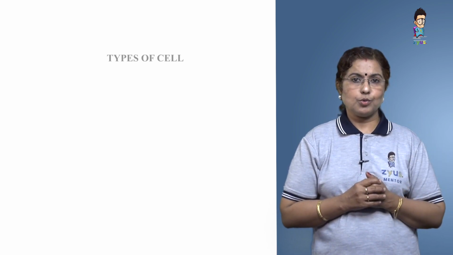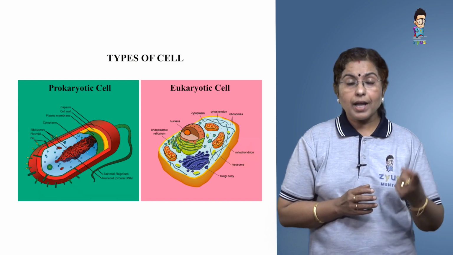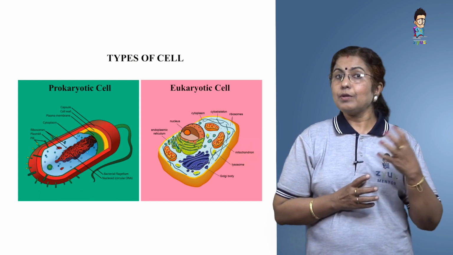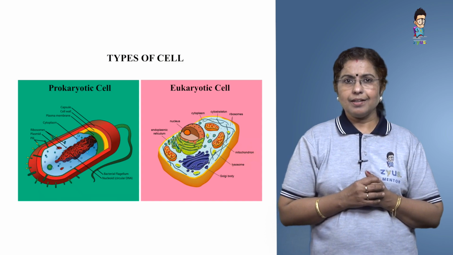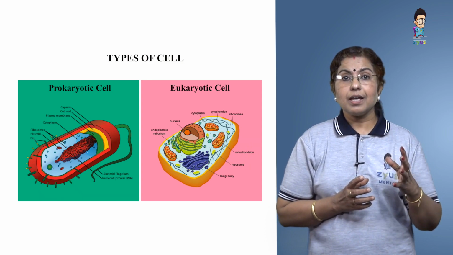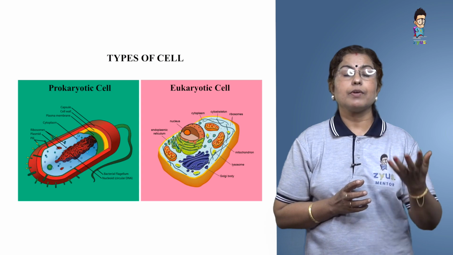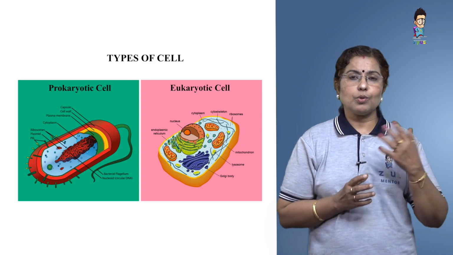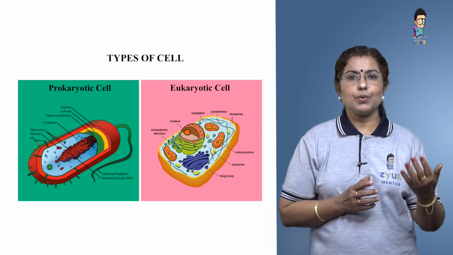Based upon the presence of nucleus in a cell, cells are of two types, prokaryotic cell and eukaryotic cell. Can you see what a prokaryotic cell is? Yes, a prokaryotic cell is the cell which does not have a prominent nucleus, or the cell without a nucleus.